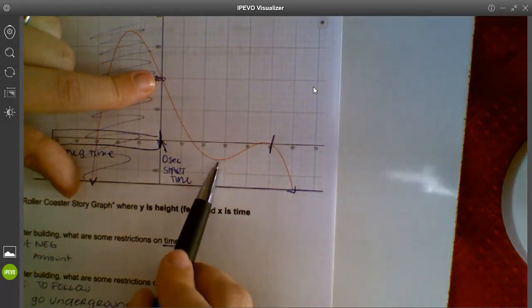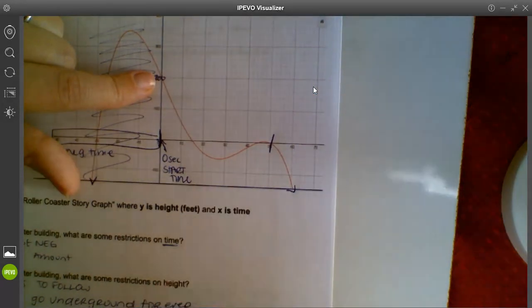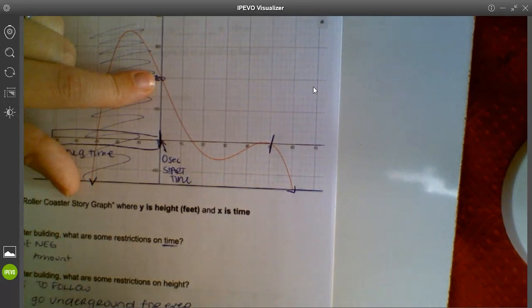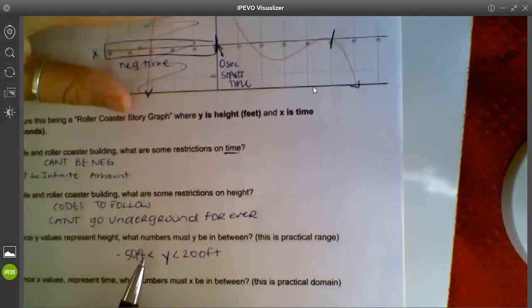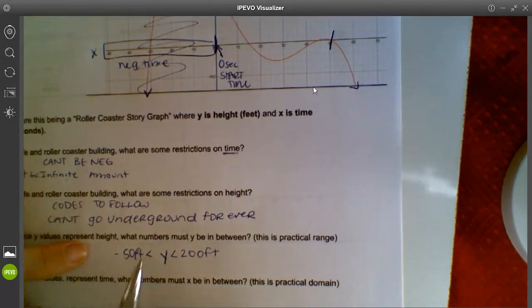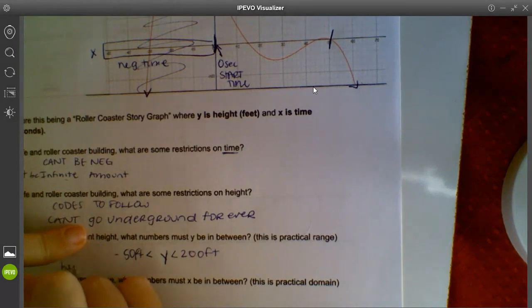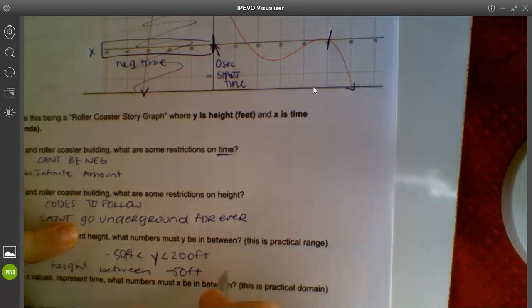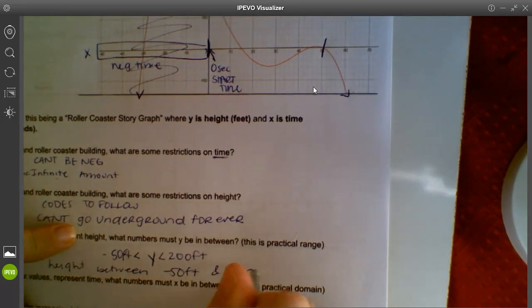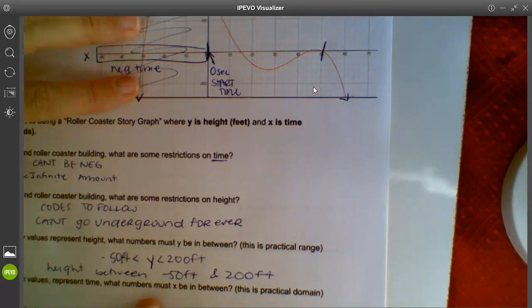So say the lowest it goes in this picture is probably around negative 50 feet. Now I wrote it in math. You can say height between negative 50 feet, or 50 feet underground, and 200 feet high in this specific picture.